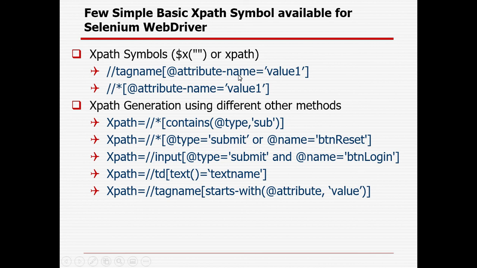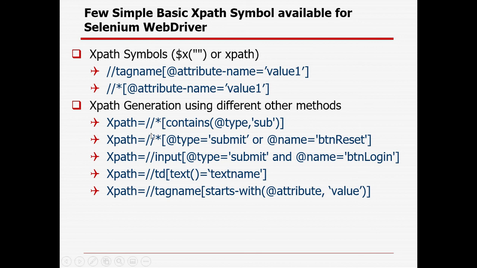After creating the XPath, you can go to the console and type $x, first bracket, within double quotes you can give the XPath, and end the first bracket. Press enter, where you can find the relevant part, identify the XPath uniquely, and get to know whether your XPath creation is successful or not.